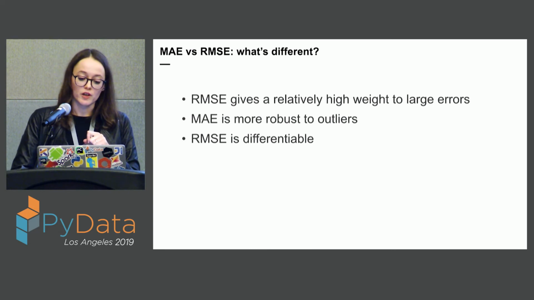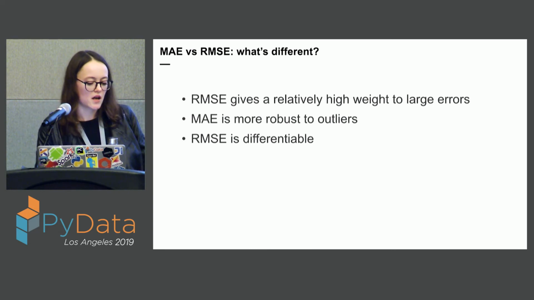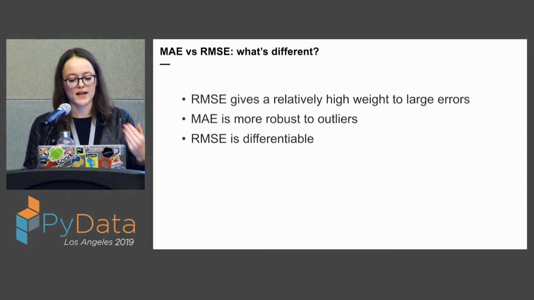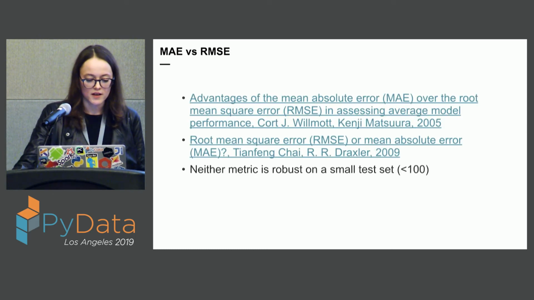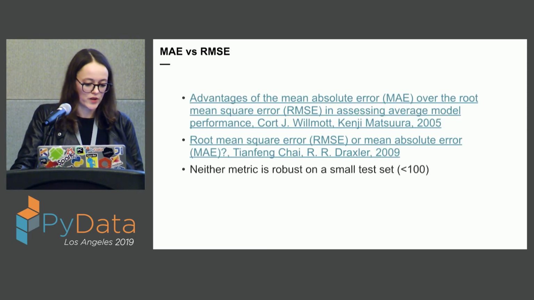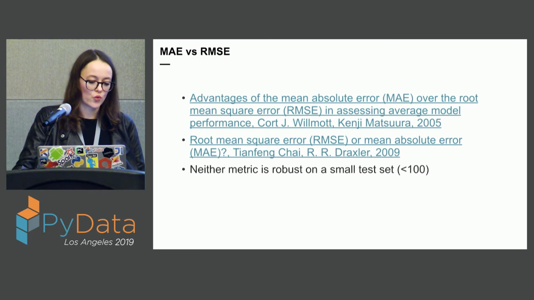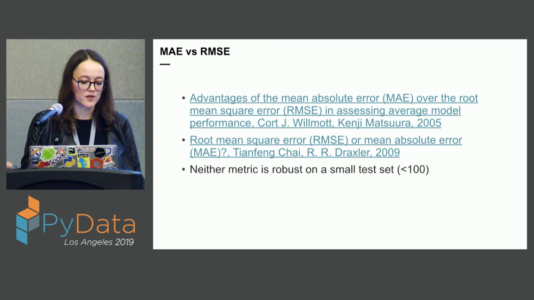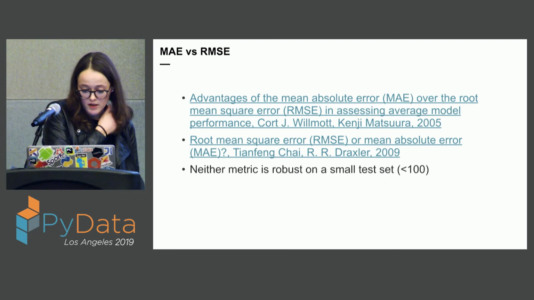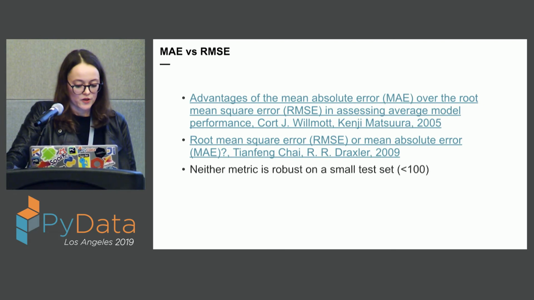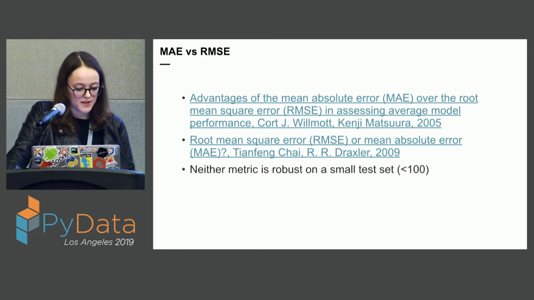RMSE is differentiable, but it doesn't really matter in this context because we are not applying this during the training. We're only applying it afterwards. And I've seen a lot of articles arguing about which one is better. I think the ones who say that absolute error is better are based on the paper from 2005 by Willmott and Matsuura, who argued that RMSE is an inappropriate and misinterpreted measure of average error.